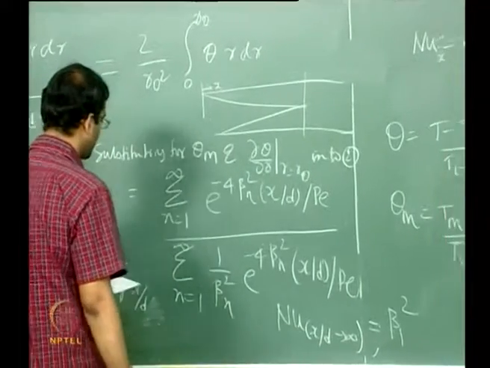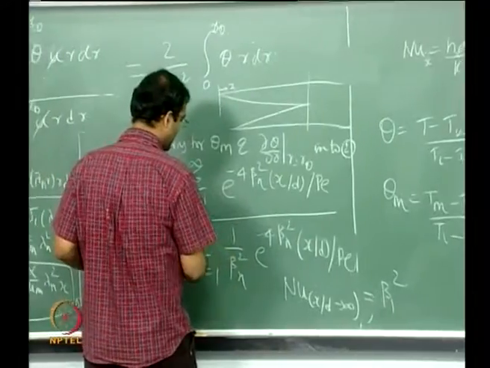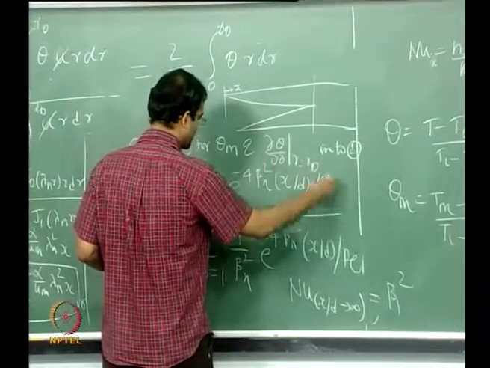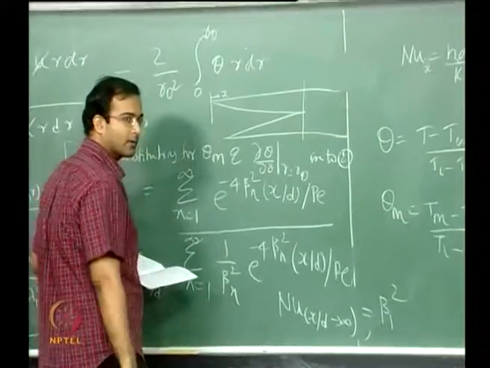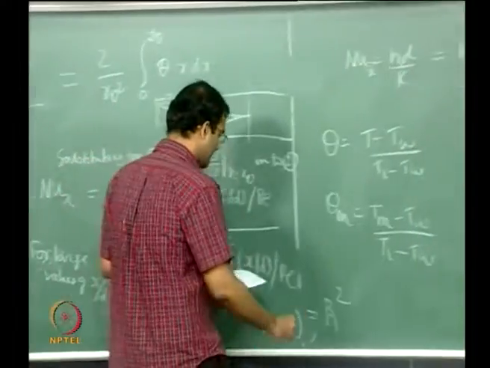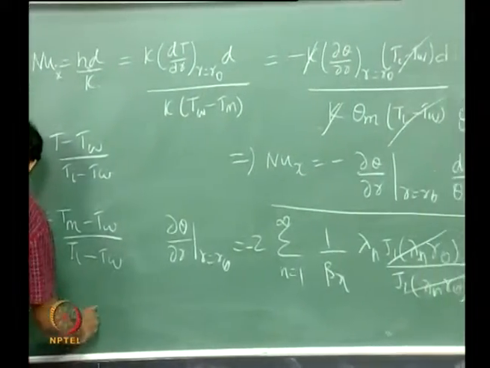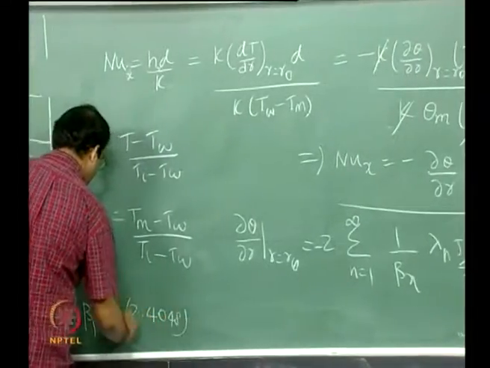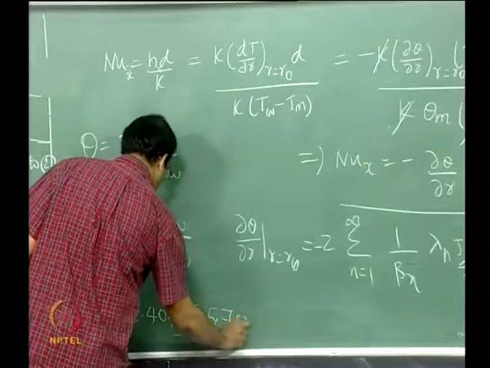For large values this will cancel off, this goes to 0, this goes to 0, and you have only 1 by beta n square in the denominator, with only the first term being the most significant. If you substitute beta 1 square as 2.4048 the whole square, that comes out as 5.783.